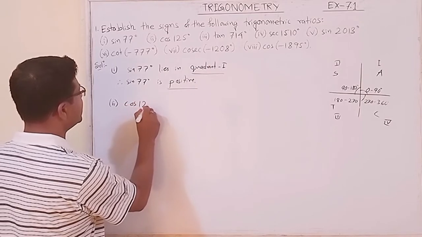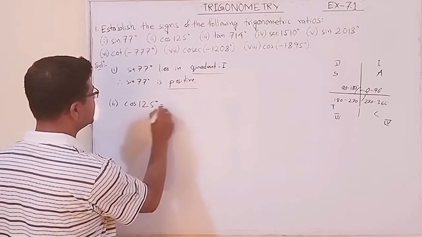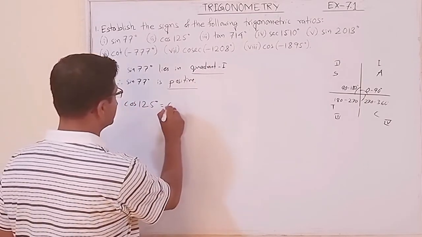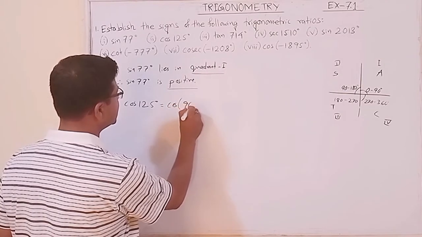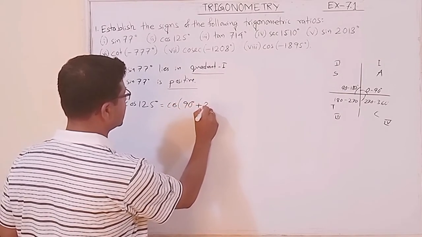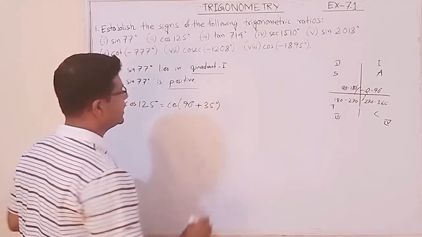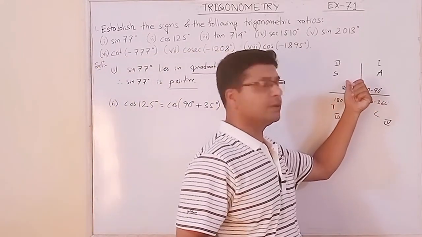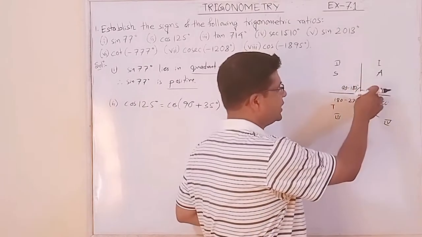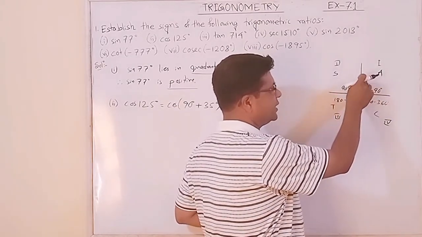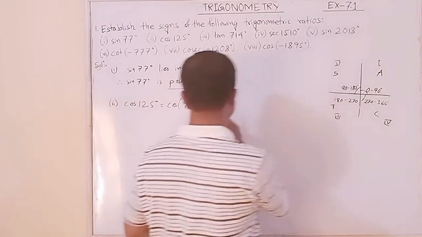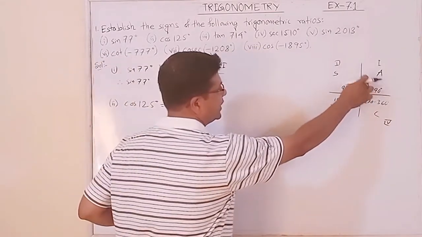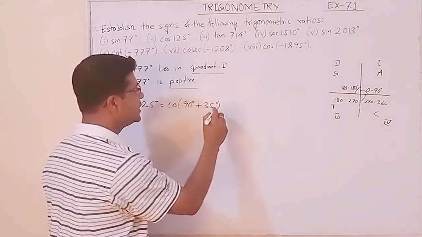cos of 125 degree. Dear student, you see cos 125 can be written as 90 plus 35 degree. Up to this much it is 90, then plus 35, so where will it lie? It will lie in the second quadrant.